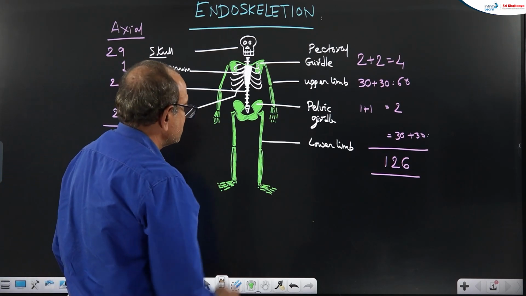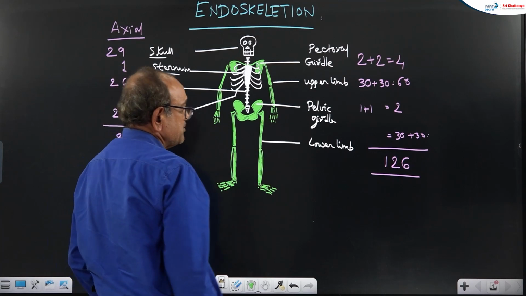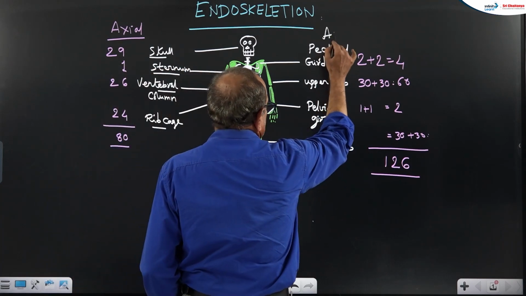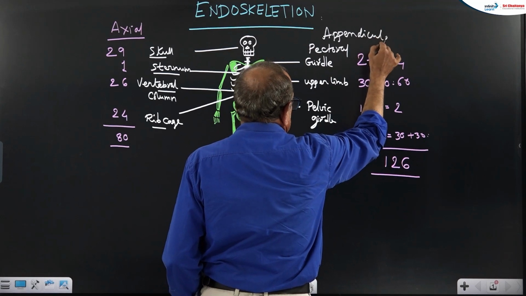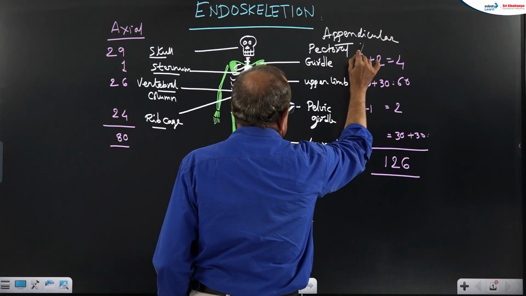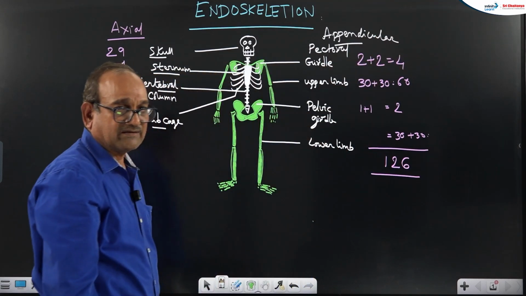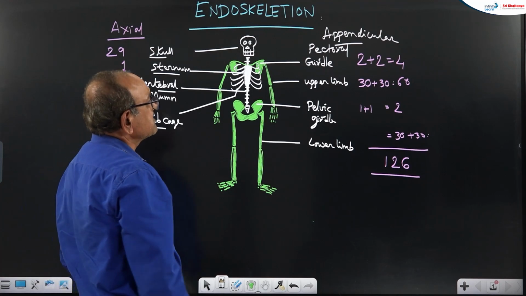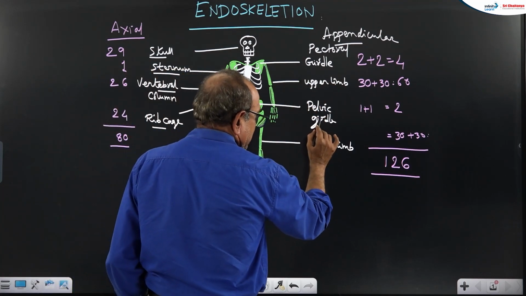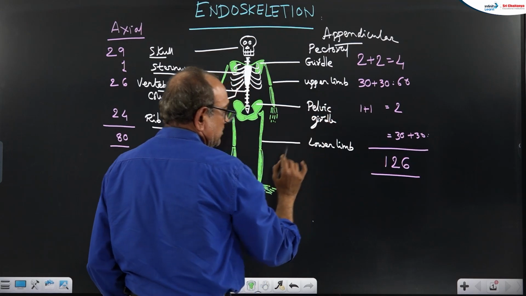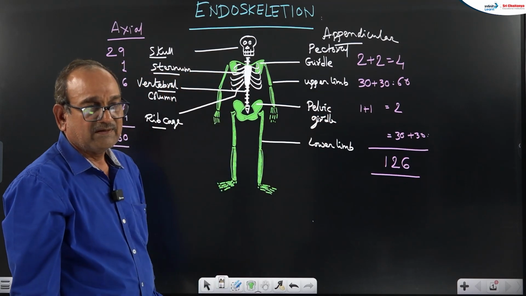Whereas these green colored components represent the appendicular skeleton. These skeletal components are attached to the axial skeleton. The appendicular skeleton contains the pectoral girdle, pelvic girdle, upper limbs and lower limbs, the limb skeleton.